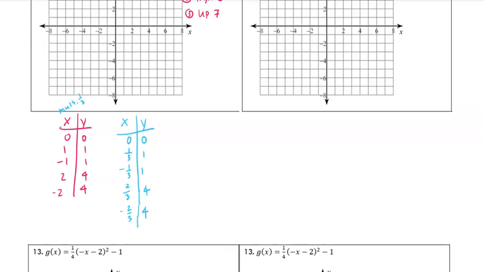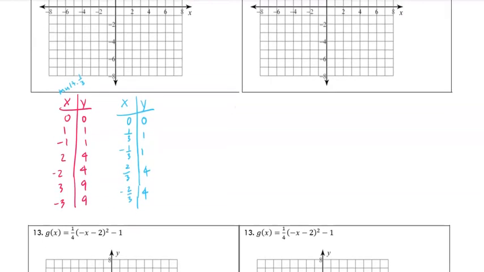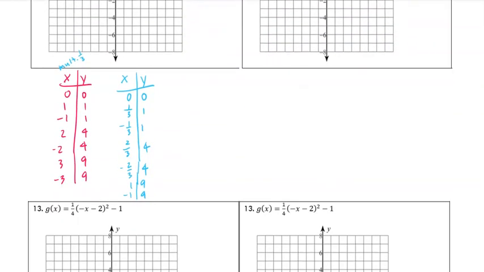I'm going to include another point that it's going to be easier. 3, 9, and negative 3, 9, because that's divisible by 1/3. And then, so that's going to be 1, 9, and negative 1, 9. Okay, and then it tells you just to go right 2. So right 2.